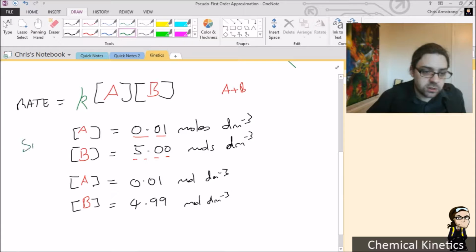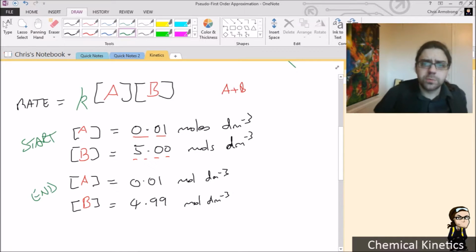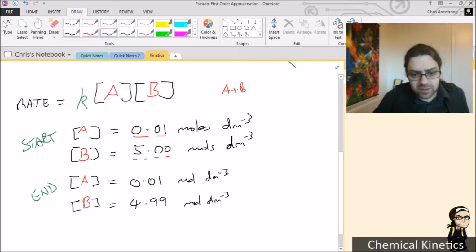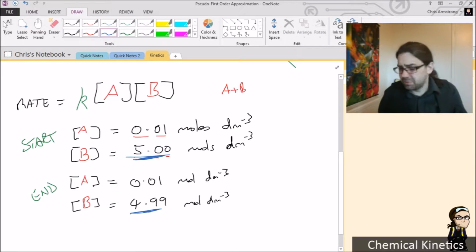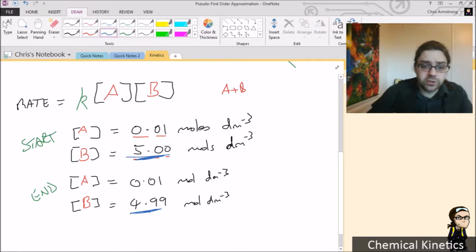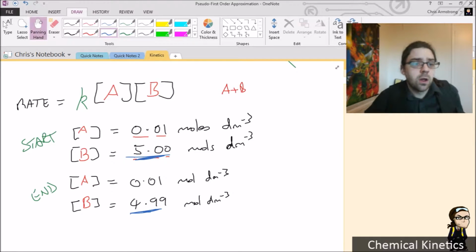So this is at the start, this is at the end, and what you should be able to spot from this is that this number hasn't changed a lot. It's changed a little bit, but that's only over the course of all of the reaction as well. For at least half the reaction, it's going to be even closer to 5 than that.